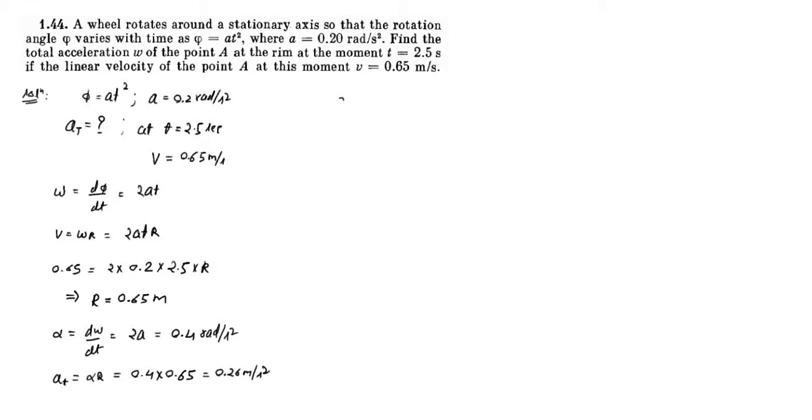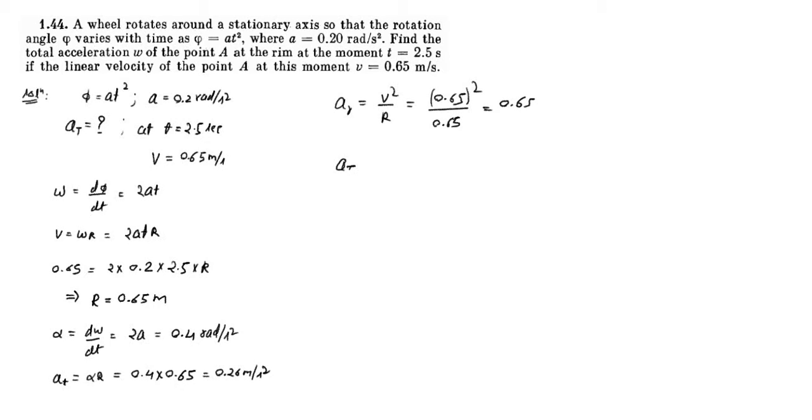Now we need to calculate the radial acceleration. So radial acceleration will be equal to v square by r. This is equal to 0.65 whole square divided by the value of r, which is also 0.65, so this is equal to 0.65.